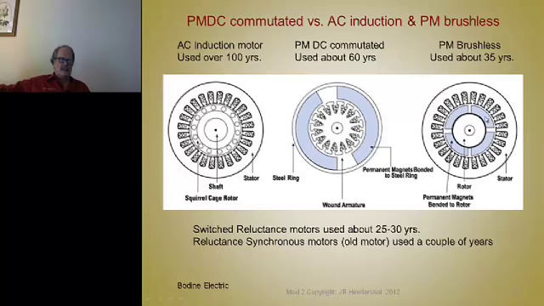We cut this in half and made 4 poles instead of 2. So you've got a North Pole here, and the flux flows around like this for each one of these. Everybody knows that. This guy's been around over 100 years. This has been around 60, 70 years. The brushless has been around 35, 40 years.